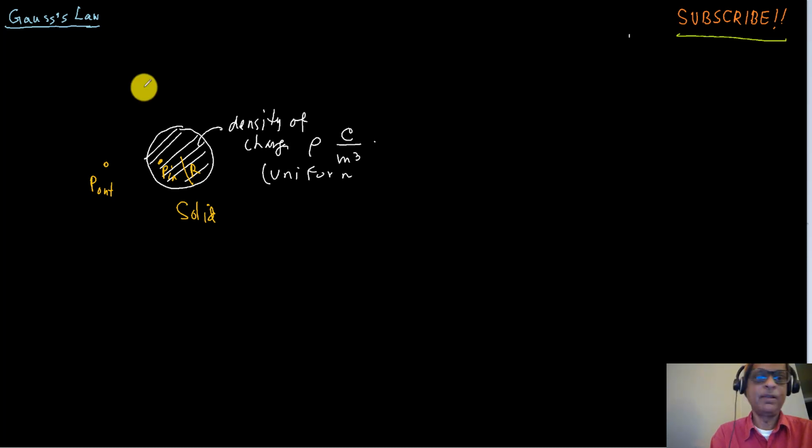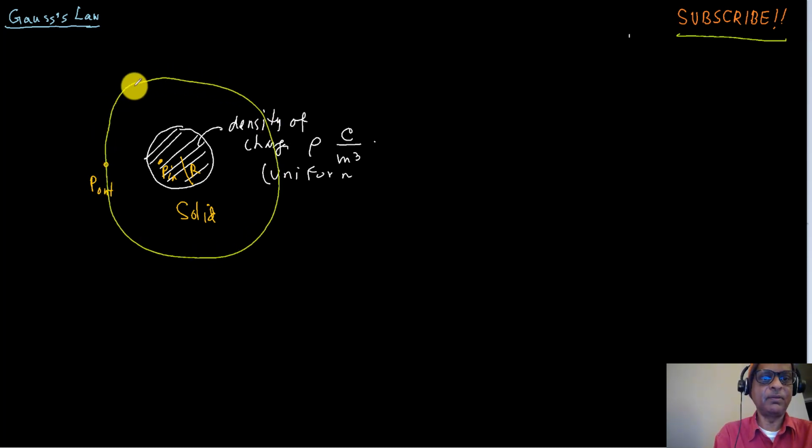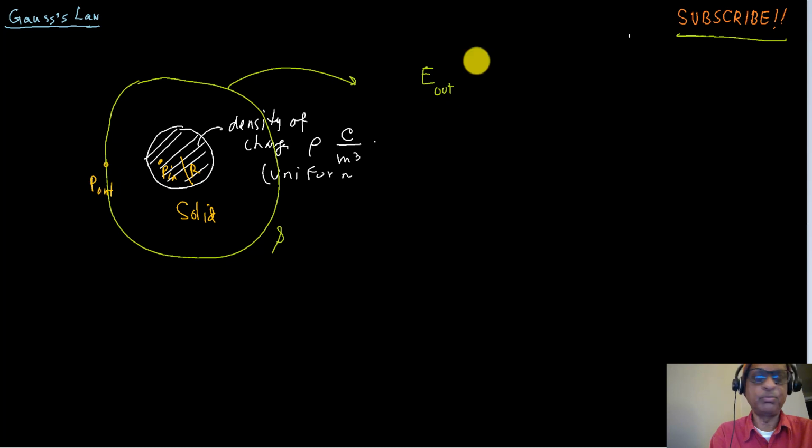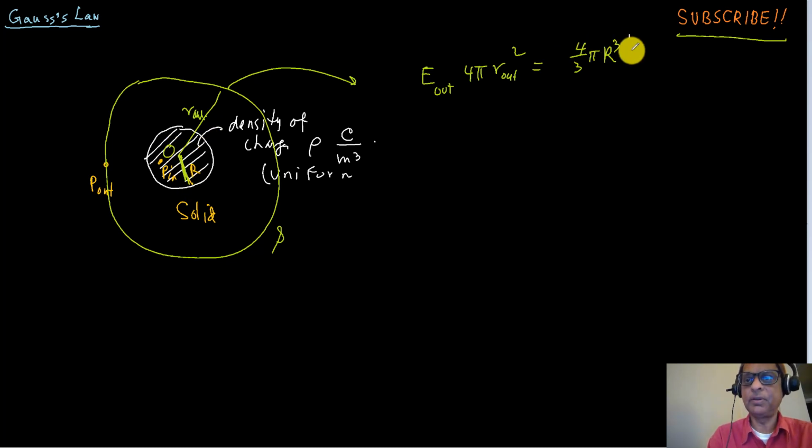For the outside, this is the surface, and when we work it out, at a point out here, E out times 4 pi r out squared from the center is equal to, I have the entire charge enclosed, so 4/3 pi r cubed times rho.